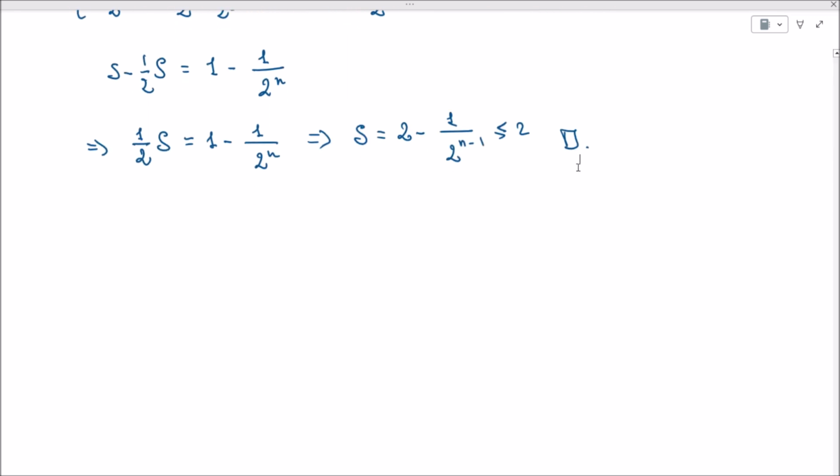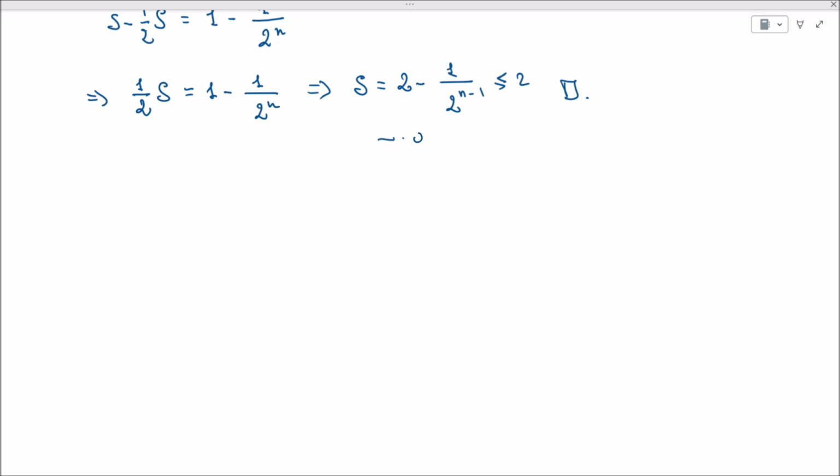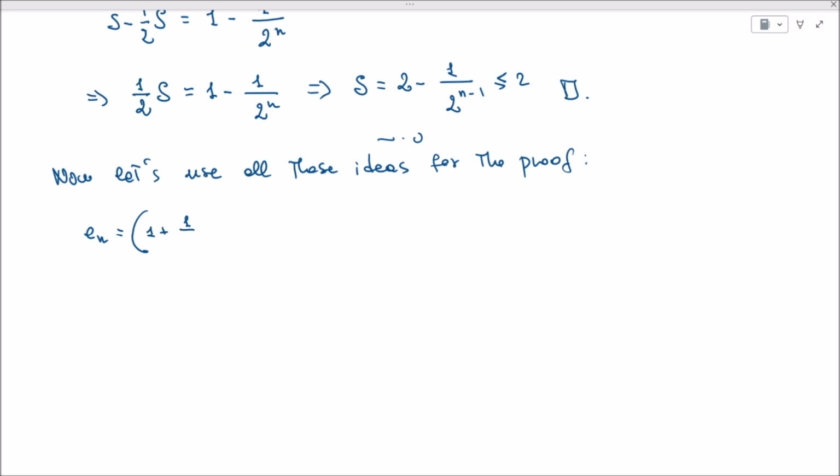Okay, now let's conclude by using all these ideas for the proof as follows. We have that En equal to 1 plus 1 over n raised to the n.